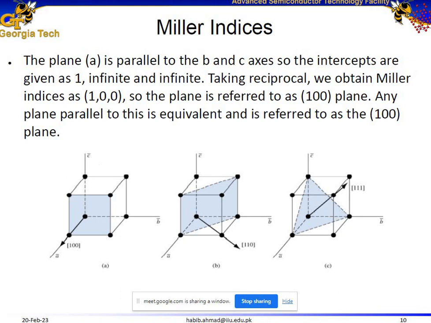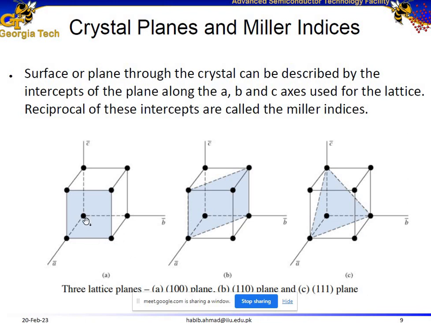Now, what are Miller indices? Miller indices are actually the reciprocal of the intercepting points for these planes. So let us calculate the reciprocal of each of these points one by one. The reciprocal for the x-axis would be 1/1, which comes out to be 1.